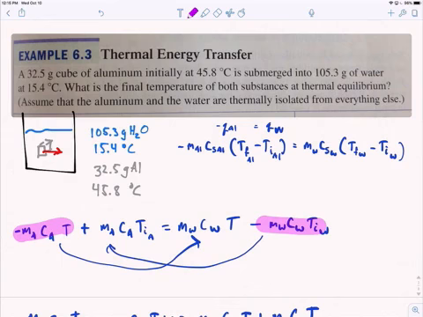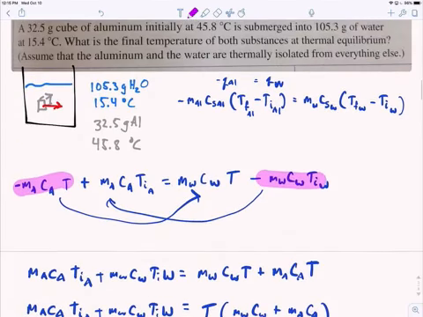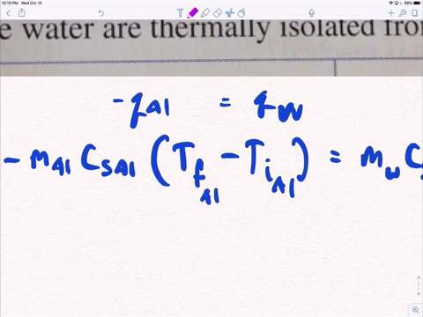We don't know the final temperature, so we have to set them equal to each other. And you have to put a negative sign on one of the sides, because that's just the direction of heat flow. I put the negative sign on the aluminum. The book put it on the water, but either way it's fine. The book says it's a relationship.